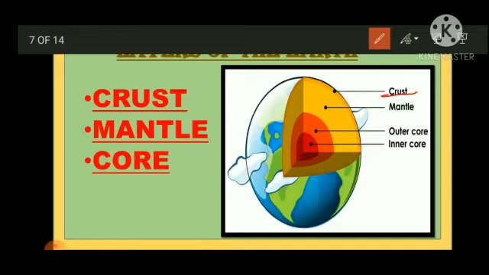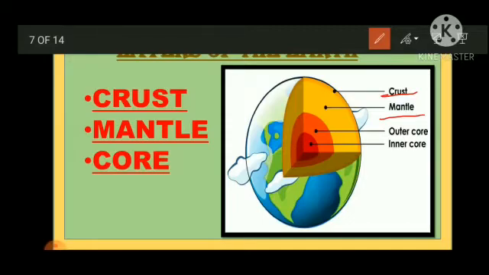Below the crust there is a layer of molten rocks called the mantle. Below the crust, the next layer is the mantle, which is made up of molten rocks. And the innermost layer is called the core. It is made up of molten metals.